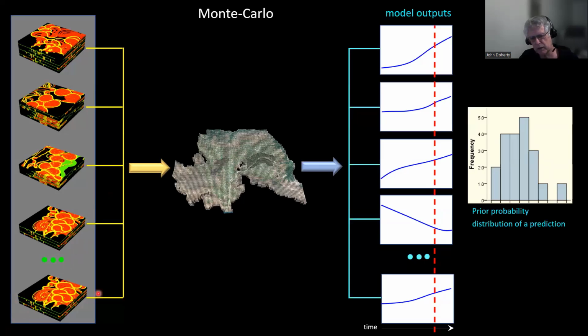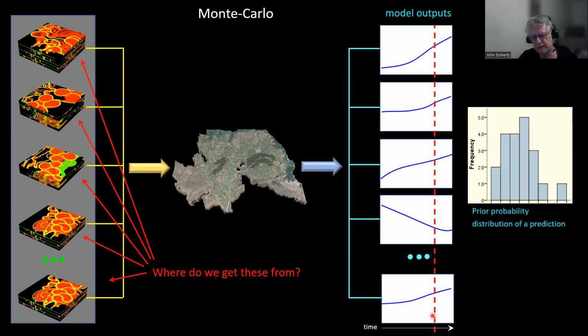This might be the time corresponding to a prediction that I'm interested in. Build up a histogram based on these model outputs. And if I have enough samples, that histogram gives me a pretty good approximation to the posterior probability distribution of the prediction.